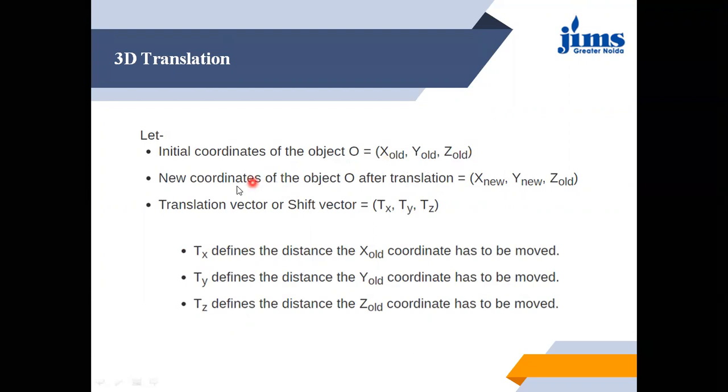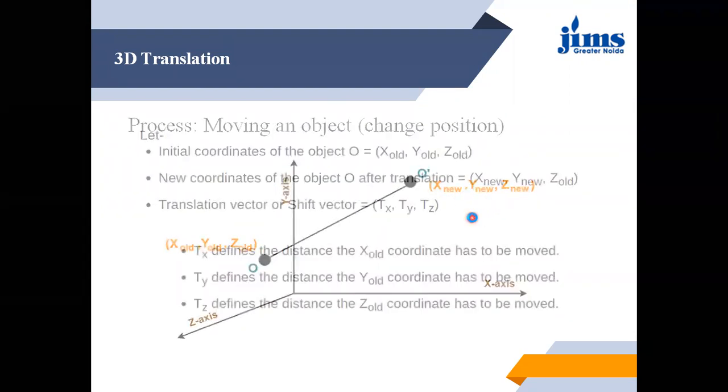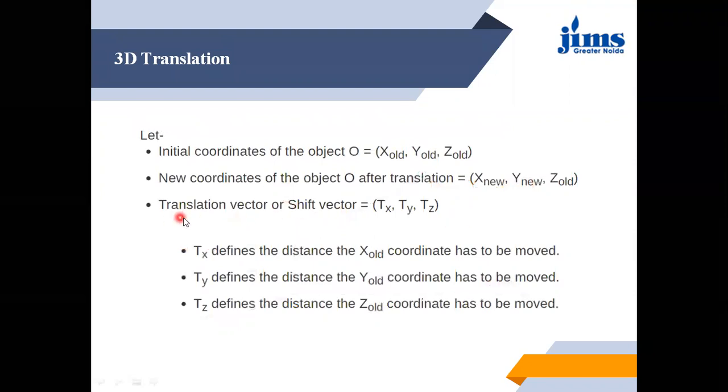And after performing the translation on object O, the new coordinates are x new, y new, and z new. The translation vector, or shift vector, means how much we have to shift the object in the x direction, how much in the y direction, and how much in the z direction.